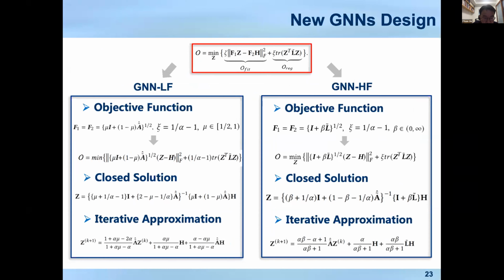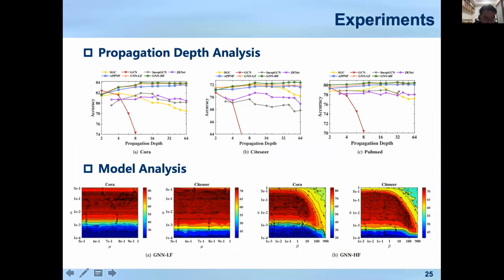So there are two parameters in the function. We see how the performance changes with these two parameters, so we draw this picture.